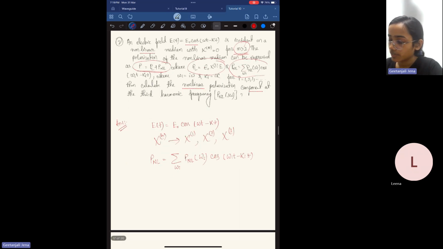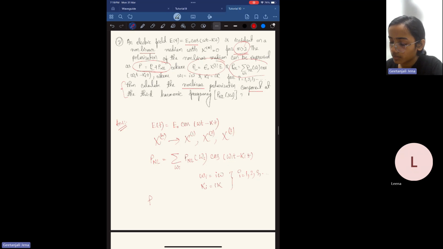It is also given that omega i is i times omega, and ki is i times k, for i starting from 1, 2, 3. So the question asks: calculate the nonlinear polarization component at the third harmonic frequency.